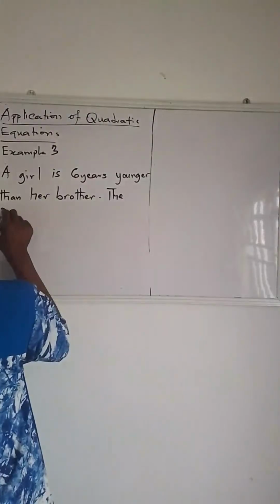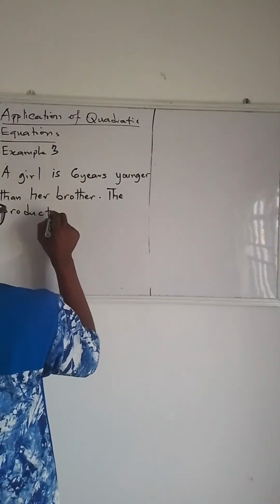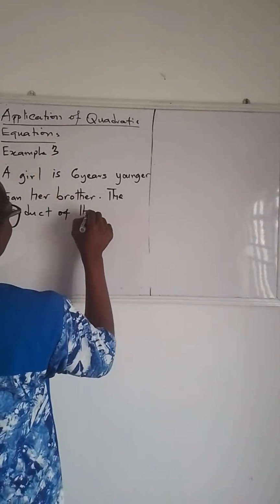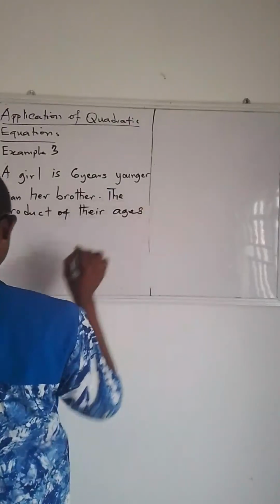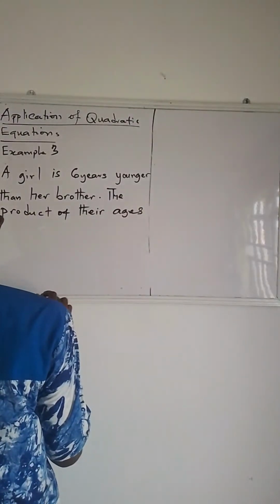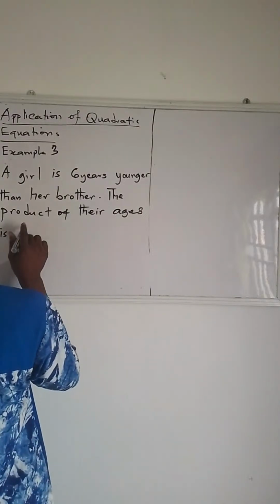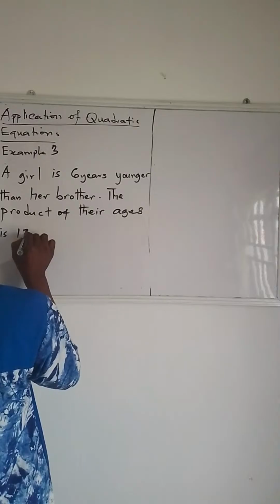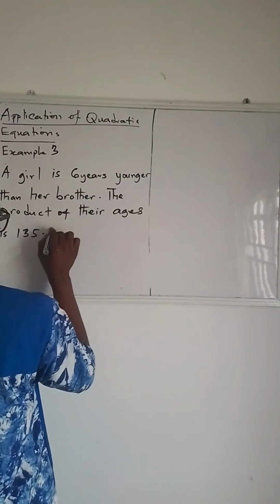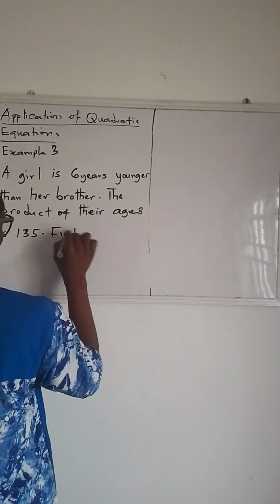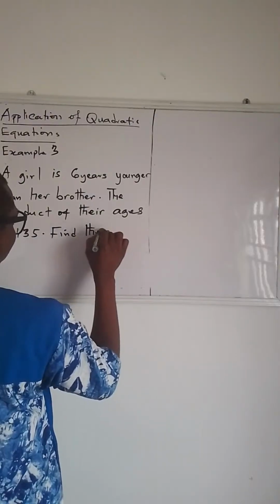The product of their ages is 135. Find their ages.